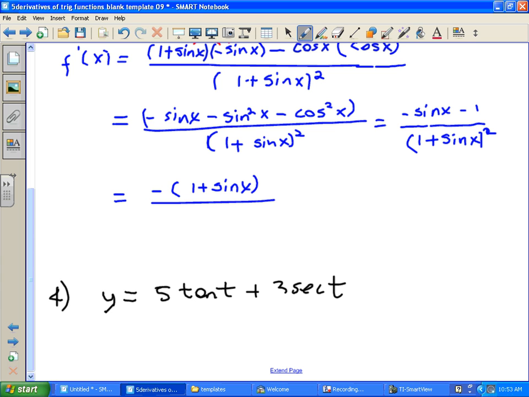All over quantity 1 plus sine x squared. Can I simplify anything here? Basically, on the bottom here, 1 plus sine x multiplied by 1 plus sine x, right? That can be taken away with one of the ones on the bottom with the one on the top. So we are left with negative 1 divided by 1 plus sine x at the bottom.